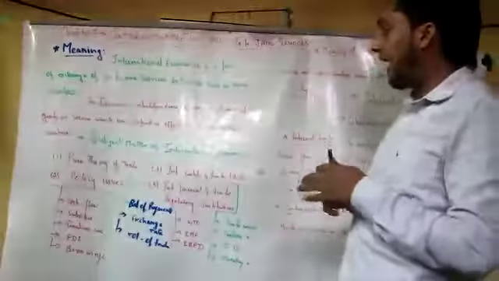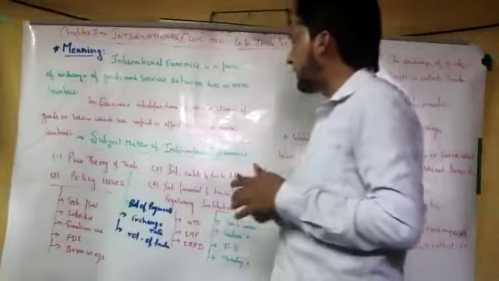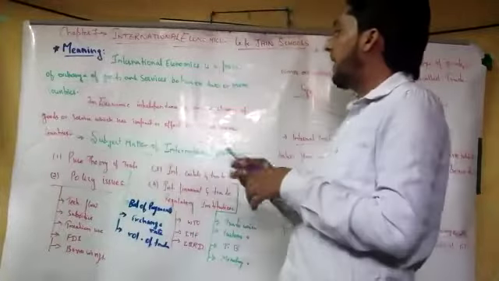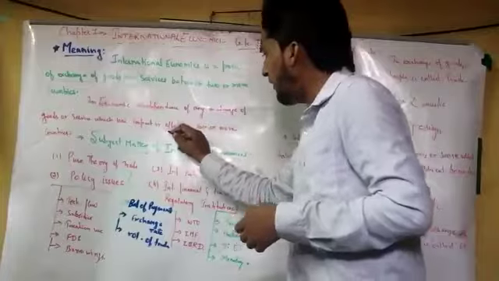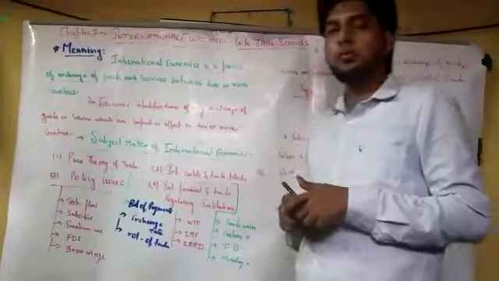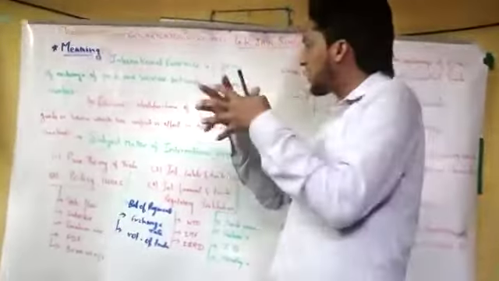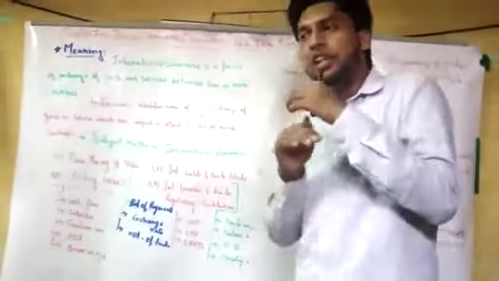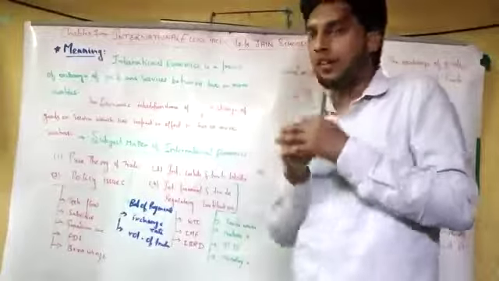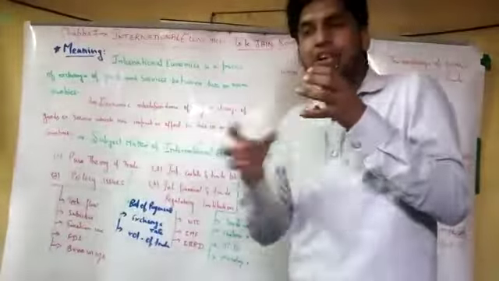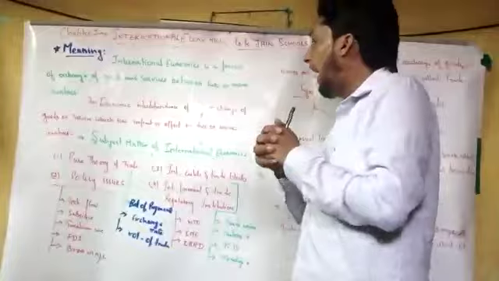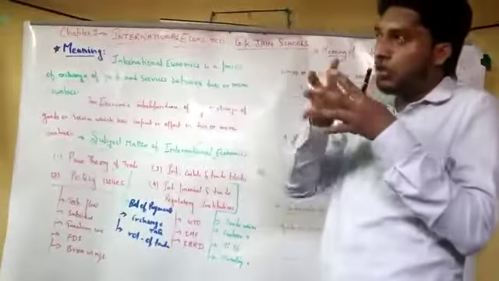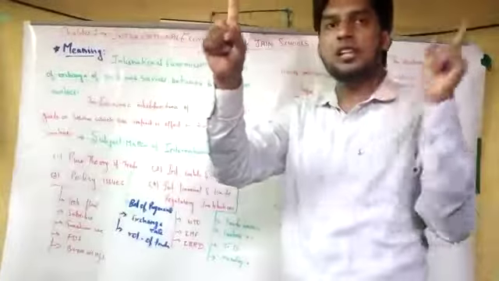One more approach is that of economic interdependence: an exchange of goods and services which has an impact or effect in two or more countries. When there is an exchange of goods and services between two countries, it will have an effect on both countries, and those countries should be interdependent, which means that there should be an exchange only when one country is ready with another country.